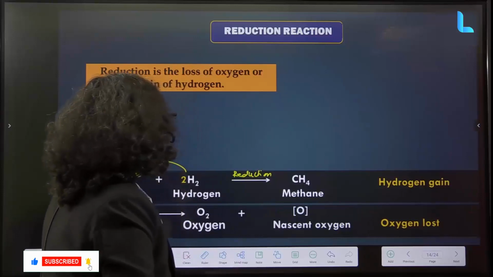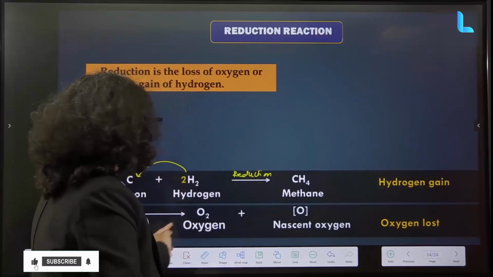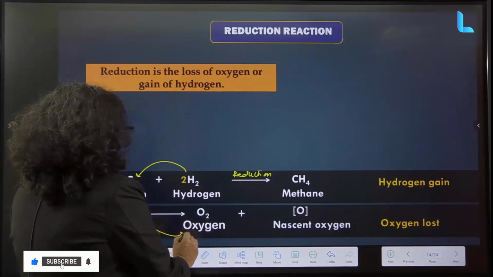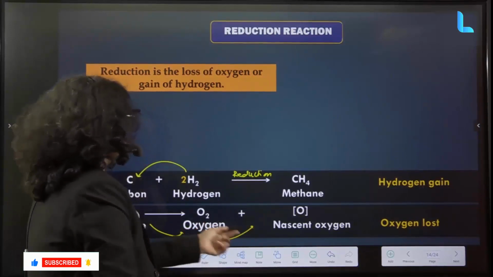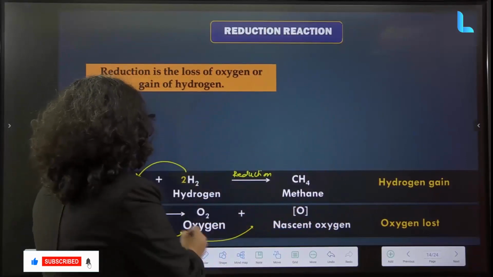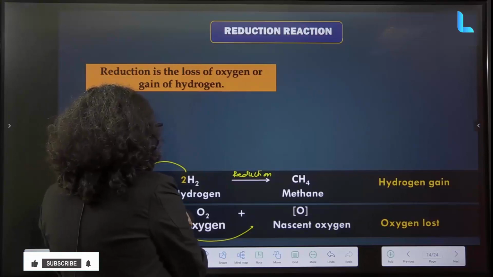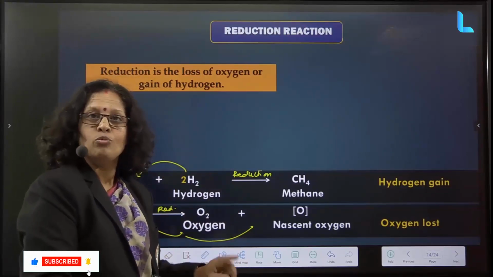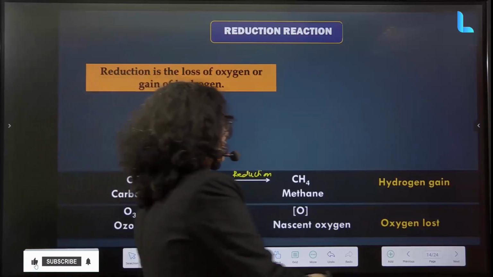Okay, then if you have here O3, O3 is losing oxygen, breaking into this and this. So what is there? Oxygen is lost. In both the cases there is reduction. So gain of hydrogen or loss of oxygen, both come under reduction.